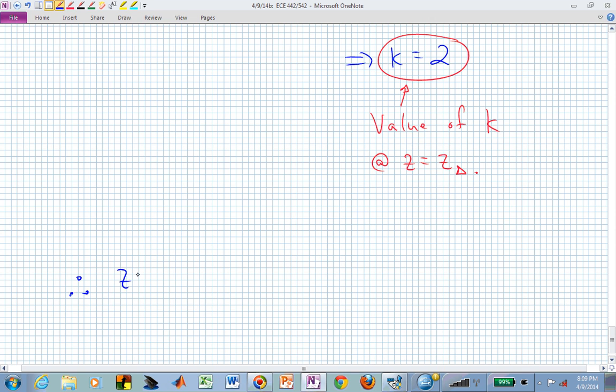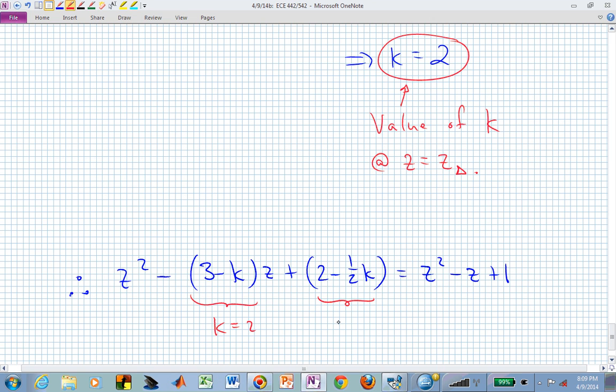Now we can say, well, we know that z squared minus 3 minus k z plus 2 minus 1/2 k is equal to z squared minus z plus 1. That's by using k equal to 2 in those coefficients.